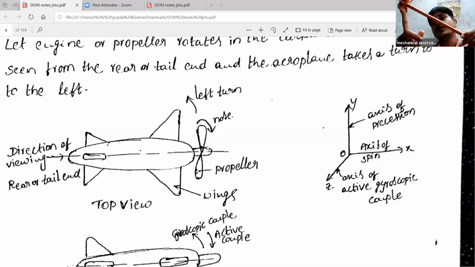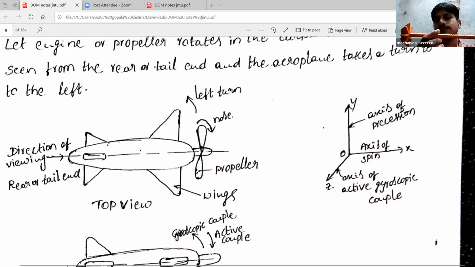That means to raise the nose and dip the tail. The angular momentum will change from OX to OX dash.